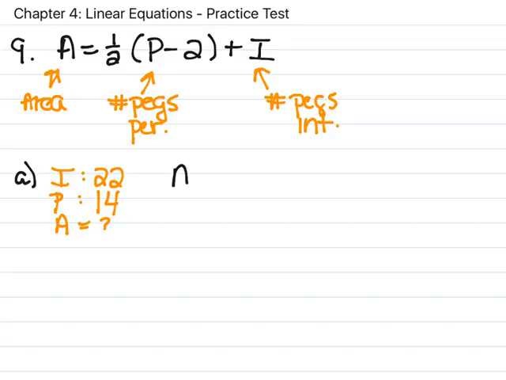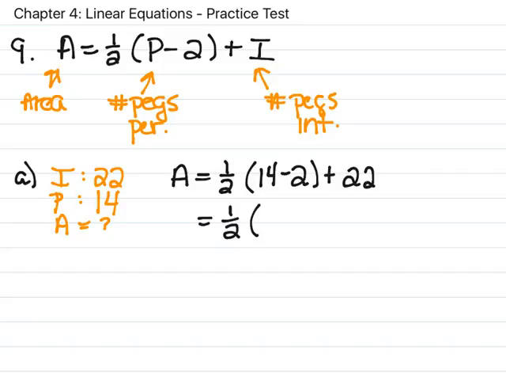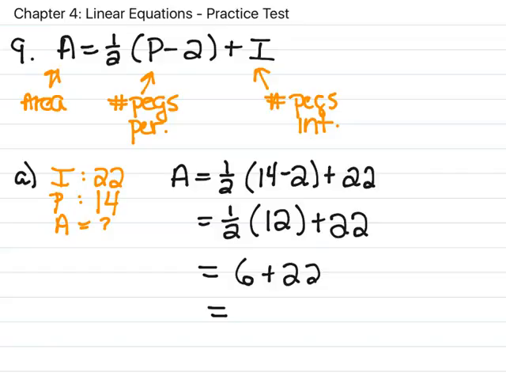So you have A equals half 14 minus 2 plus 22. So you have half, 14 minus 2 is 12, plus 22. So half times 12 is 6, plus 22, which is 28.